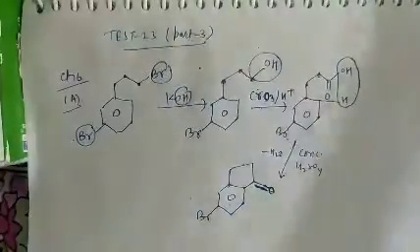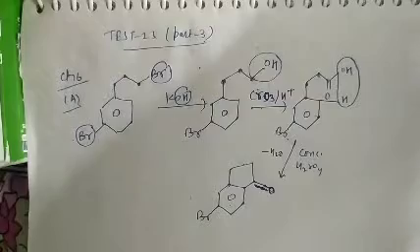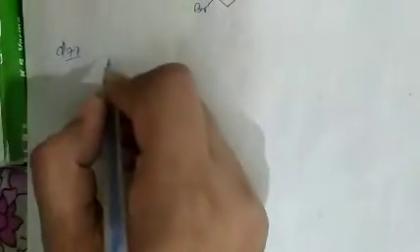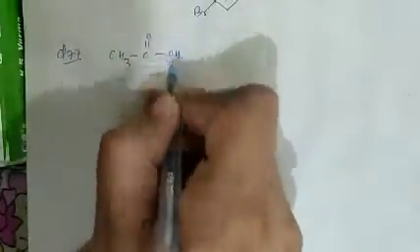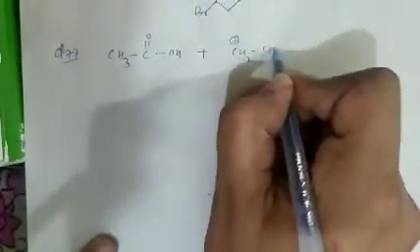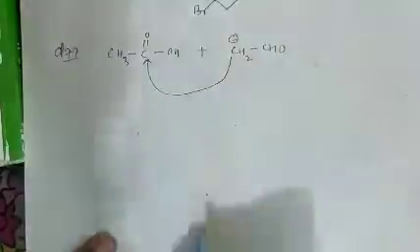See question number 77. Question number 77 is basically an aldol condensation reaction. As we know that alpha hydrogen reacts, so CH3 double bond O, as alpha hydrogen removes H, CH2 minus CHO will attack on the carbon atom.